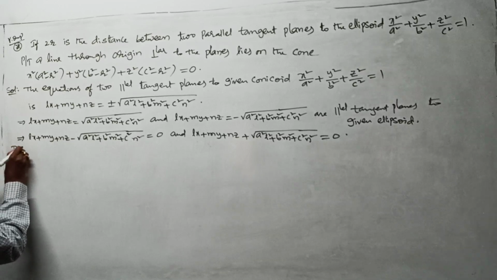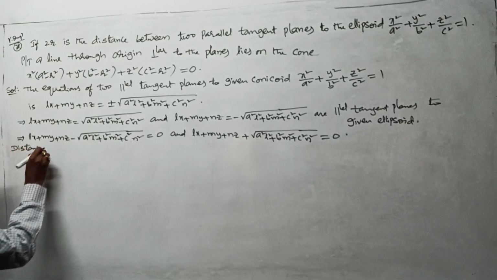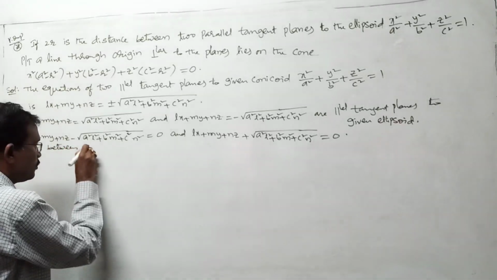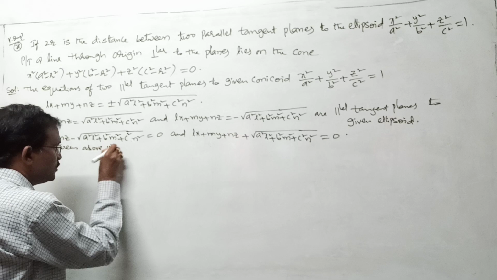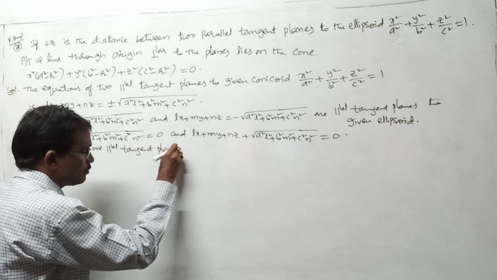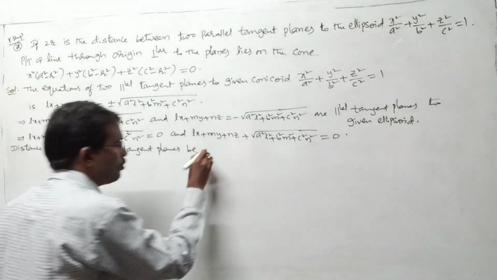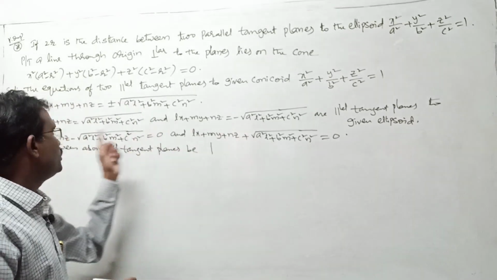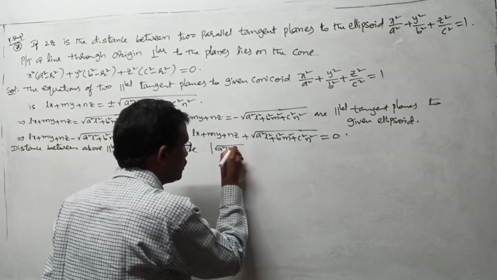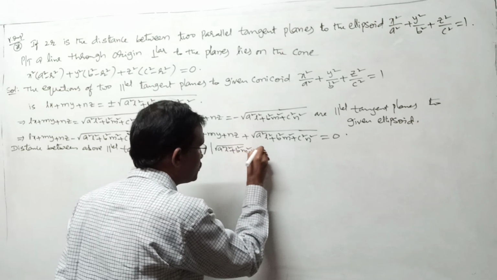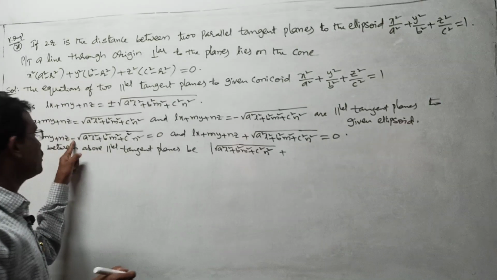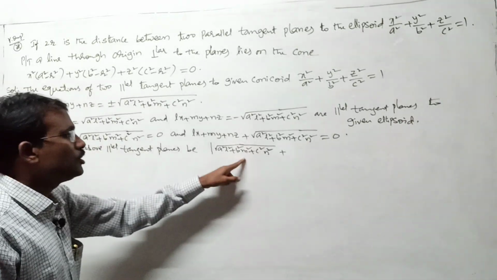Distance between parallel tangent planes: |d2 − d1| means √(a²l² + b²m² + c²n²). Minus into minus becomes plus, because here d1 is already negative in d2 − d1.